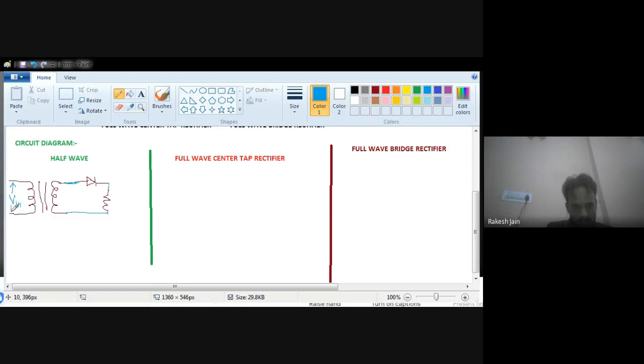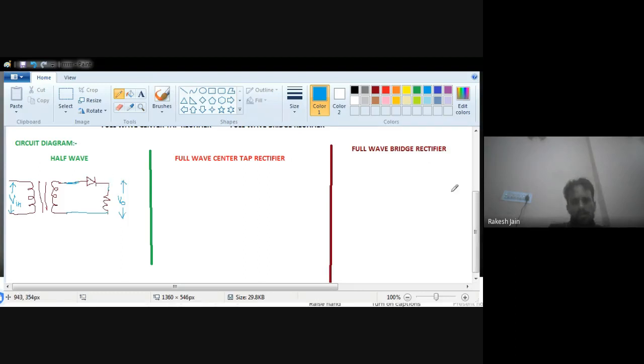So V in shows that the AC supply is the input, and the output which I will take out is from this resistor, that is V, for voltage, and subscript O shows the output. So this is the circuit diagram for a half wave rectifier, in which I require a transformer, that is this one, a diode, that is this one, and a resistor, that is this one.